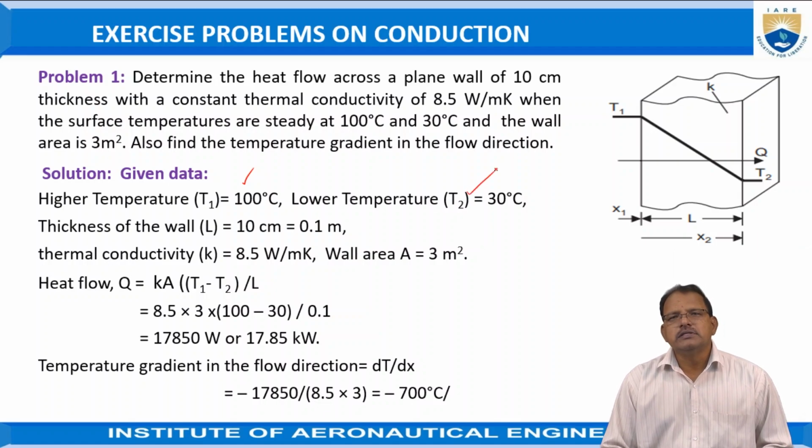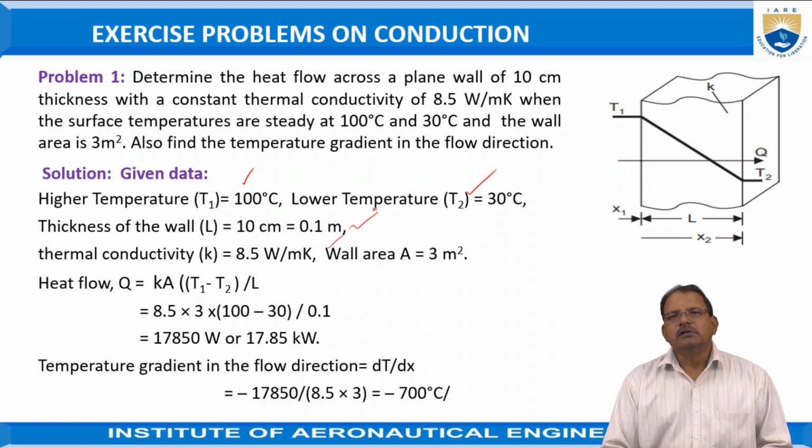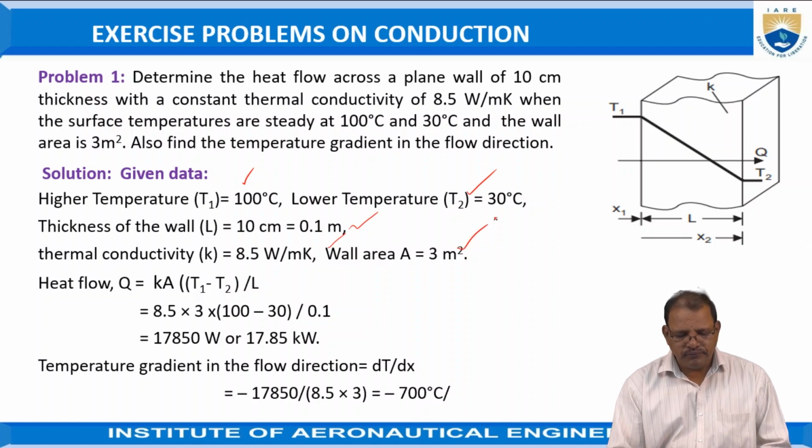The thickness of the wall is given as 10 centimeters, but all dimensions must be in MKS units, hence convert it into meters, which is 0.1 meters. The thermal conductivity K is 8.5 watts per meter Kelvin. The wall area is 3 square meters.